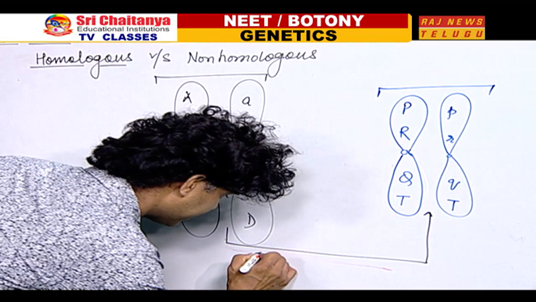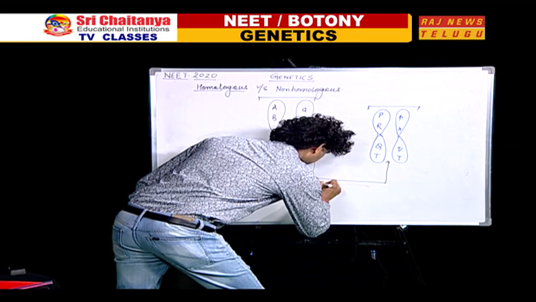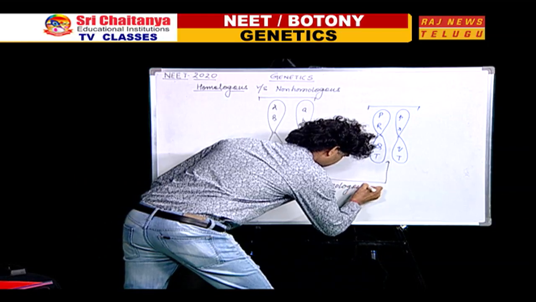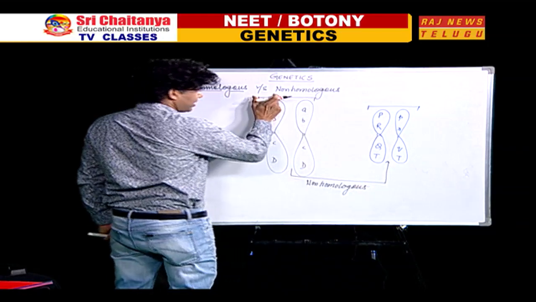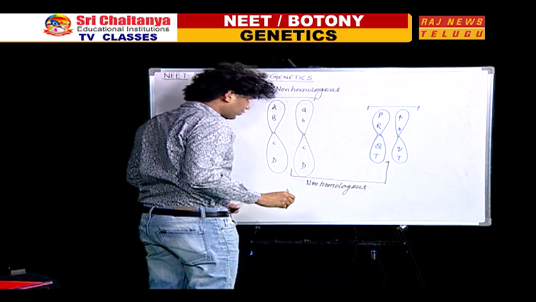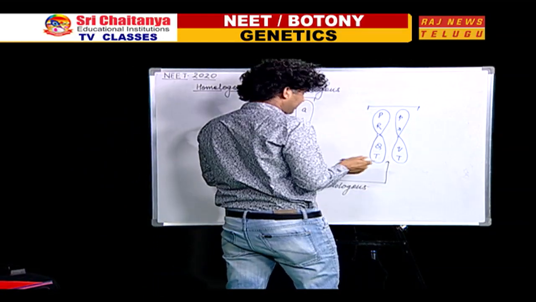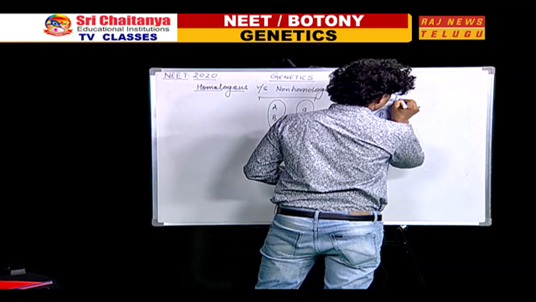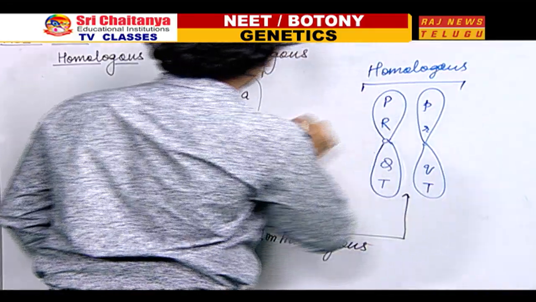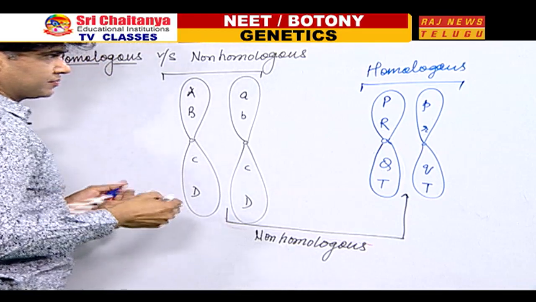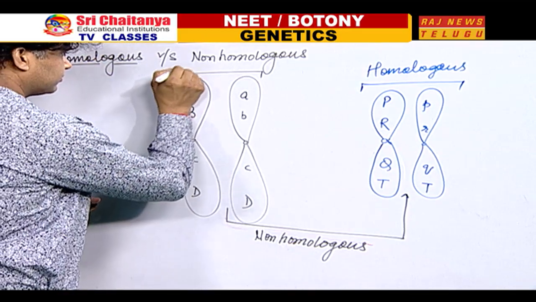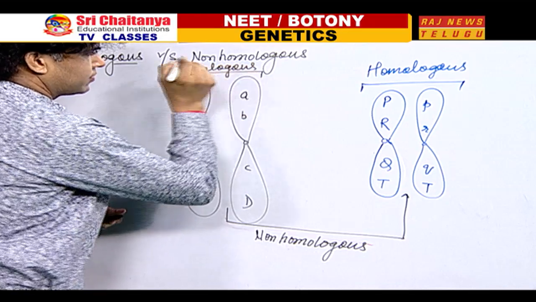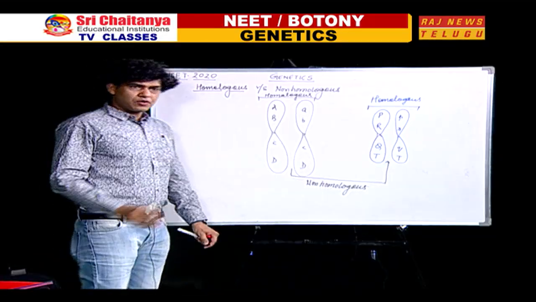It means they are considered non-homologous chromosomes, but these are homologous. This one is also homologous. Here this is homologous, this is also homologous. So, homologous pairs of chromosomes.